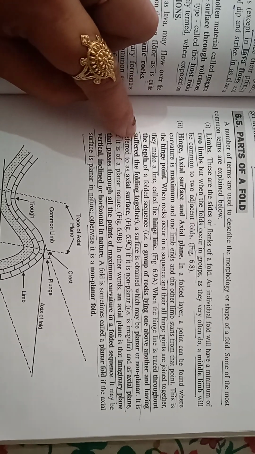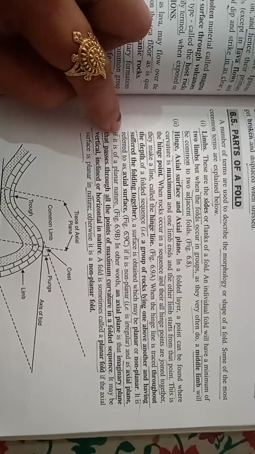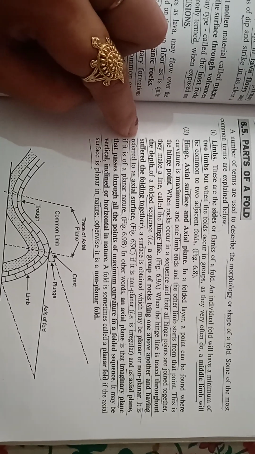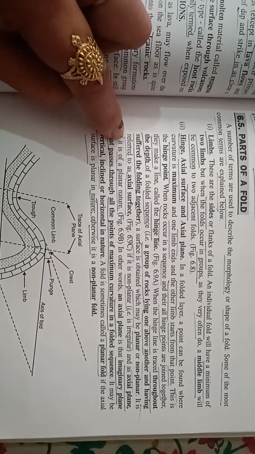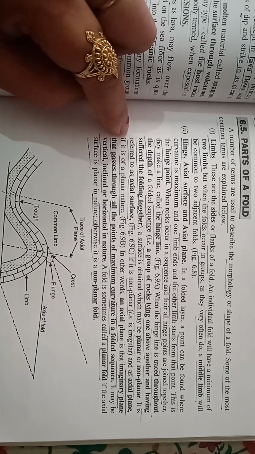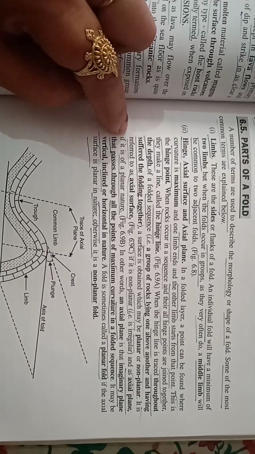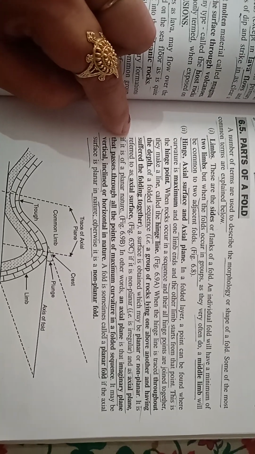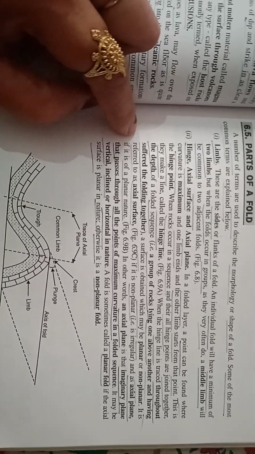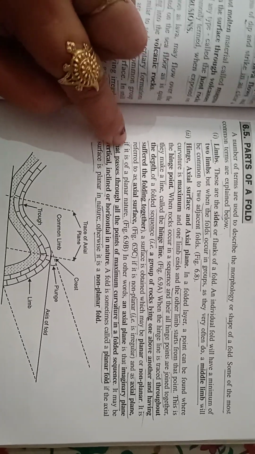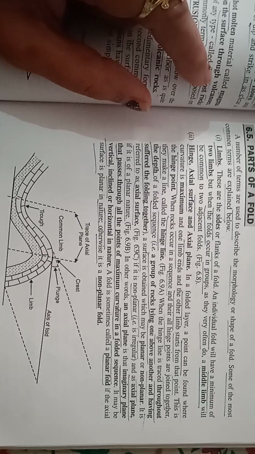for example, a group of rocks lying one above another and having suffered folding together, a surface is obtained which may be planar or non-planar. It is referred to as the axial surface. If it is non-planar, that is, irregular, it is an axial surface; if it is of a planar nature, it is called an axial plane.